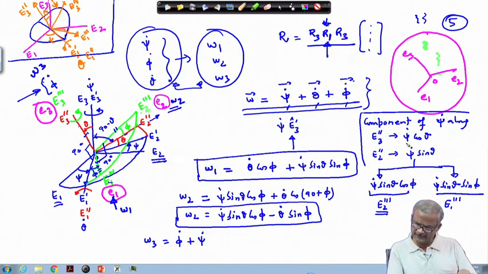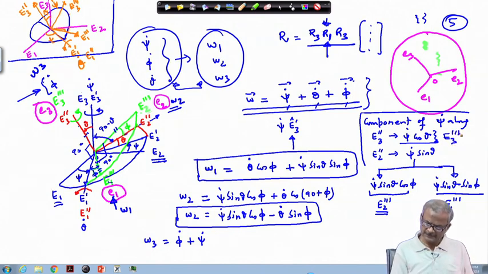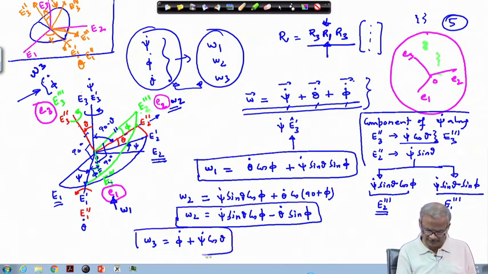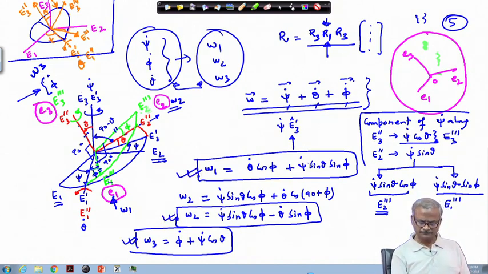Okay, here we have written this part E 3 double prime and E 3 triple prime, it is along the same direction. This is also along the E 3 triple prime direction. Okay. So, therefore, picking up from there, this is psi dot cos theta. So, this is your omega 3, and these 3 are very important for us.